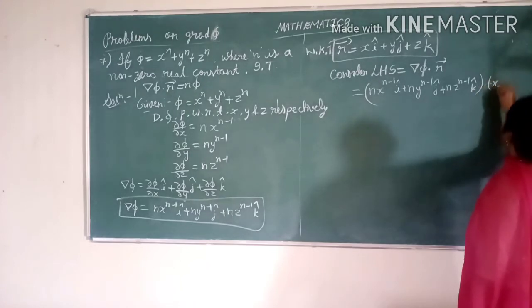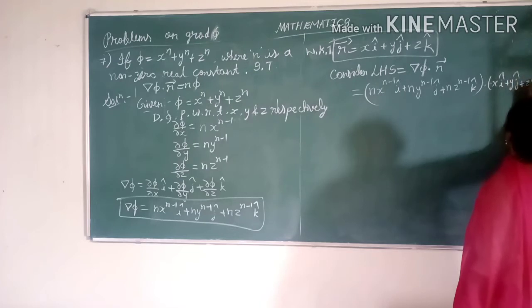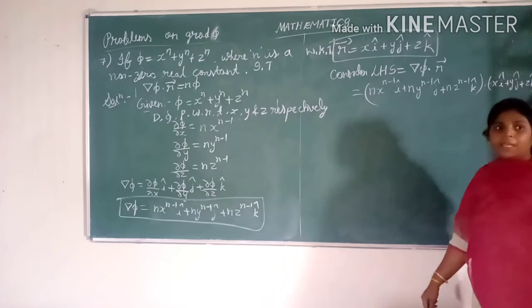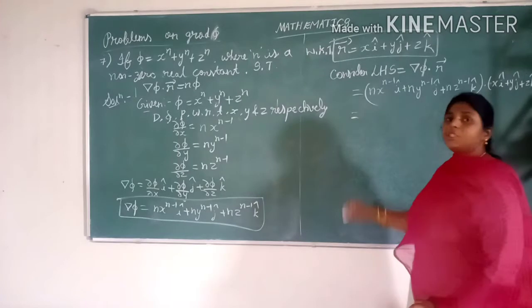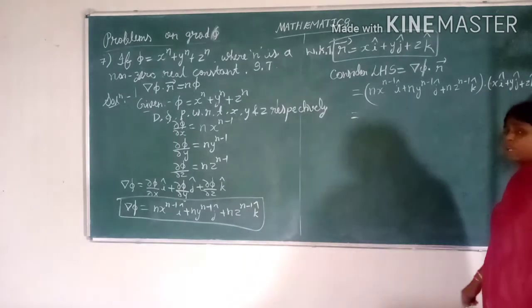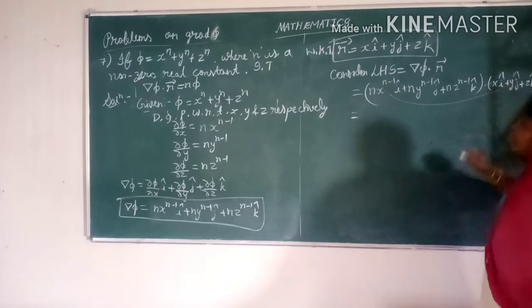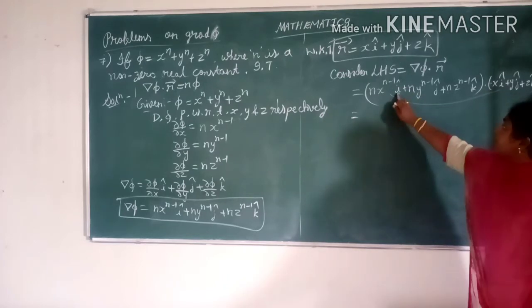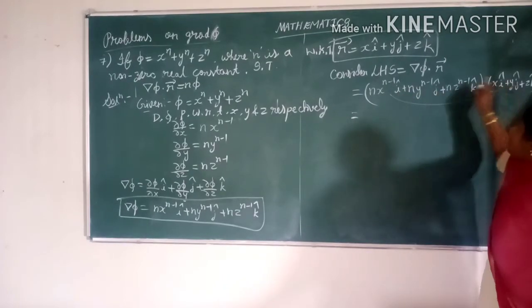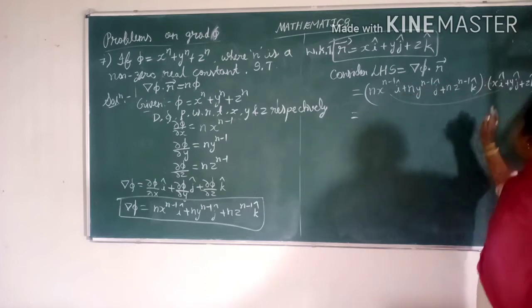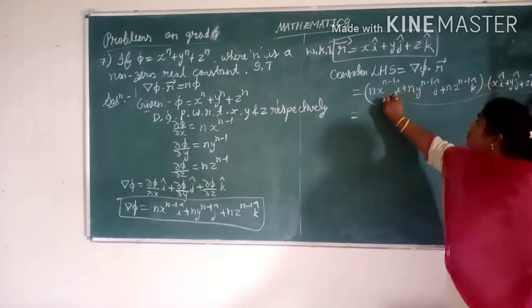Here x into i cap plus y into j cap plus z into k cap. Next find out the dot products. I already told how to find it. Only multiply the i with i, because the dot product of i dot j is 0, i dot k is 0. Only i dot i is equal to 1.